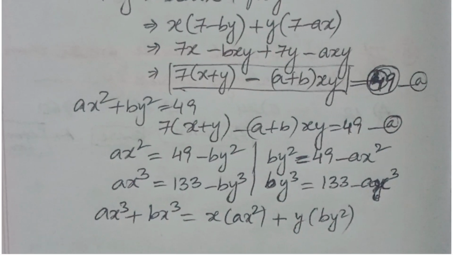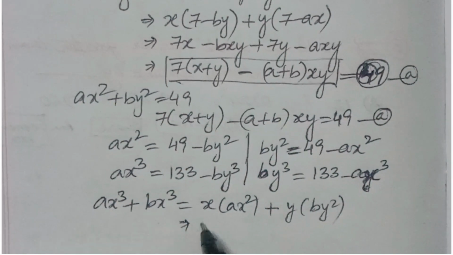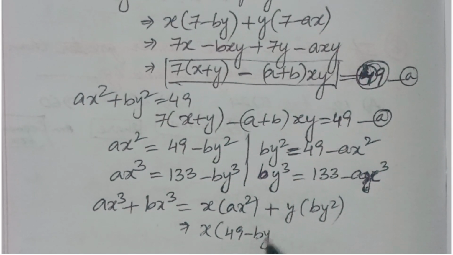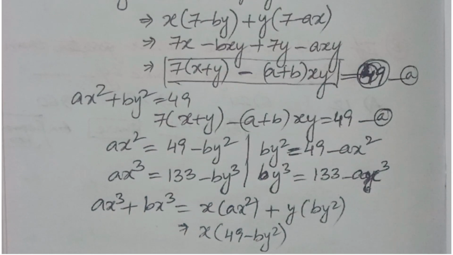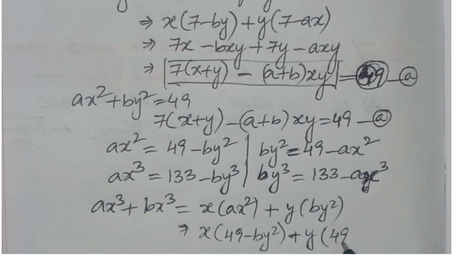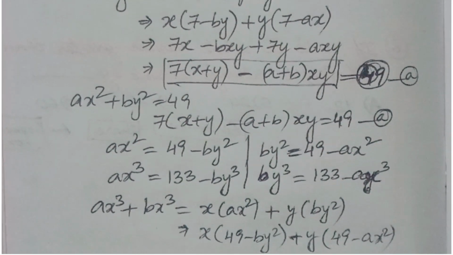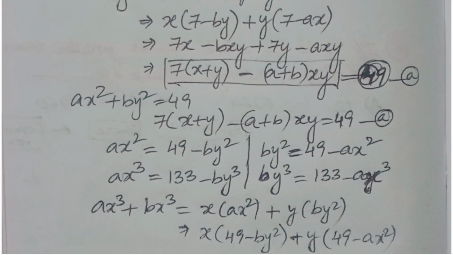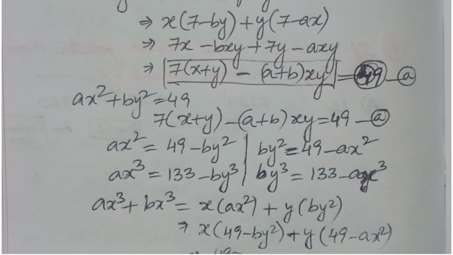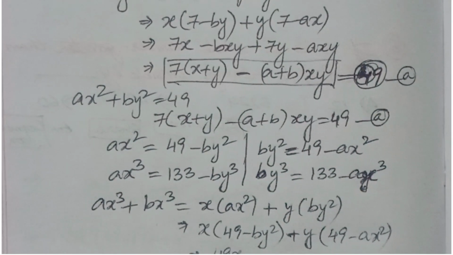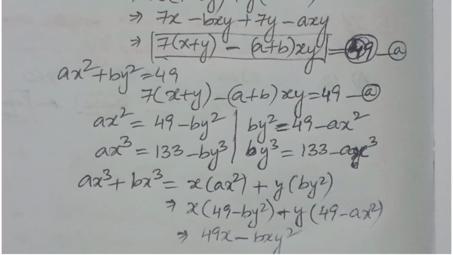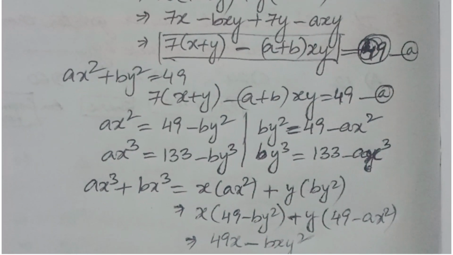Here if you substitute, ax square is 49 minus by square, plus y into (49 minus ax square). So here you can write it as 49x minus bxy square.